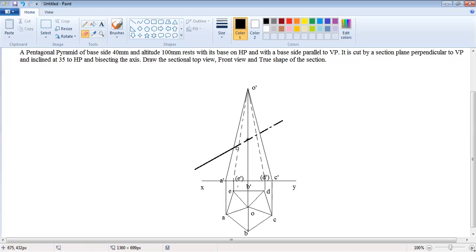This is the procedure for marking the cutting plane.